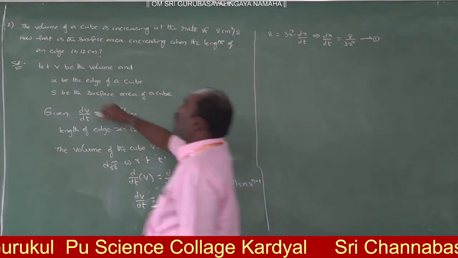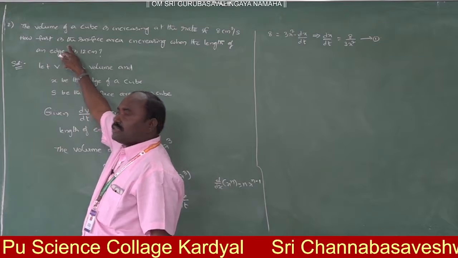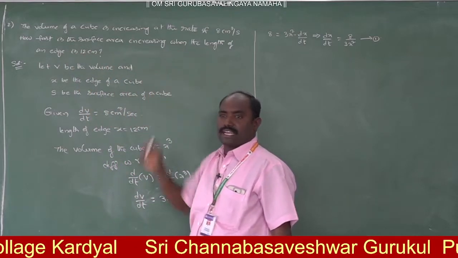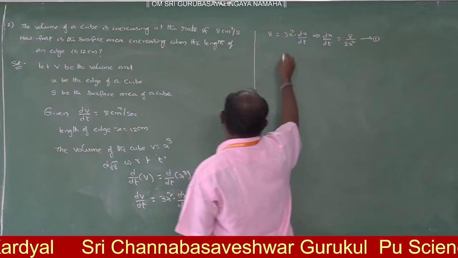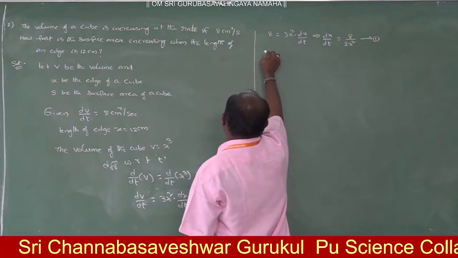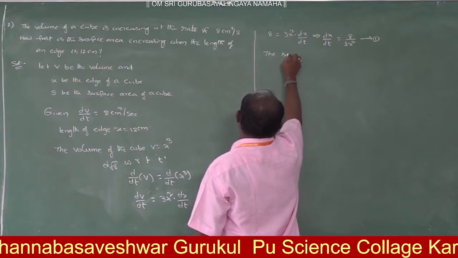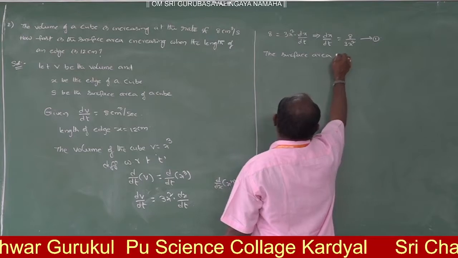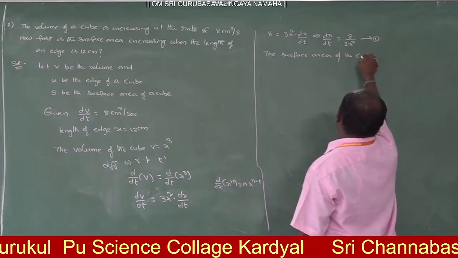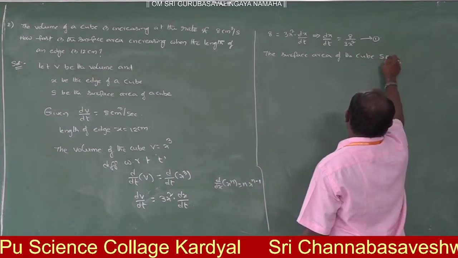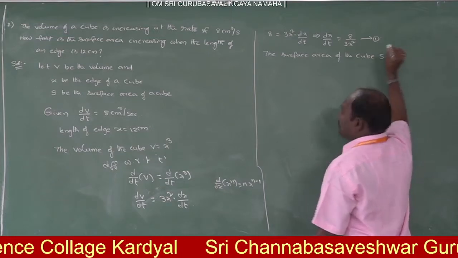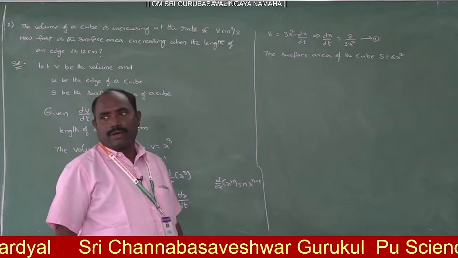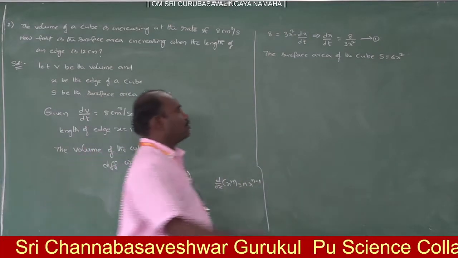Next, how fast is the surface area increasing? We have to find the surface area increasing value. First we have to write the surface area. The surface area of the cube. What is the formula? S equal to 6x square.